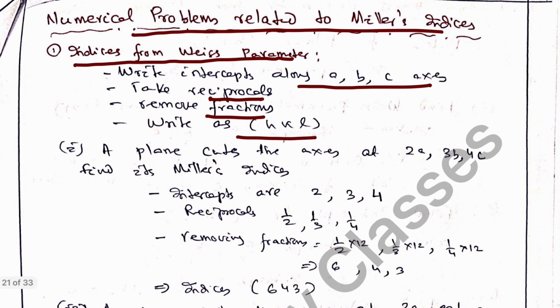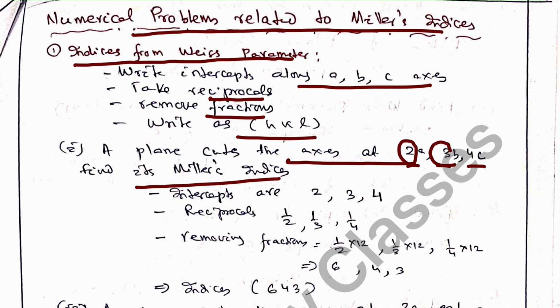Let us say a plane cuts the axes at 2A, 3B and 4C. Find its Miller's indices. So intercepts are 2, 3 and 4. If we take the reciprocals, it becomes 1/2, 1/3 and 1/4.